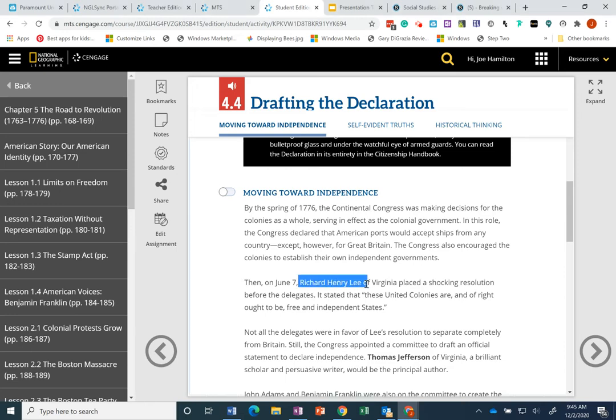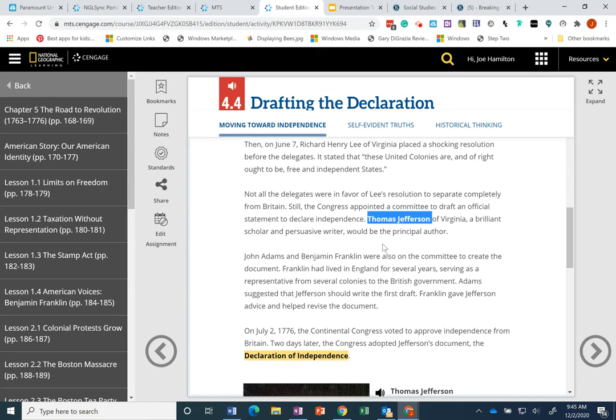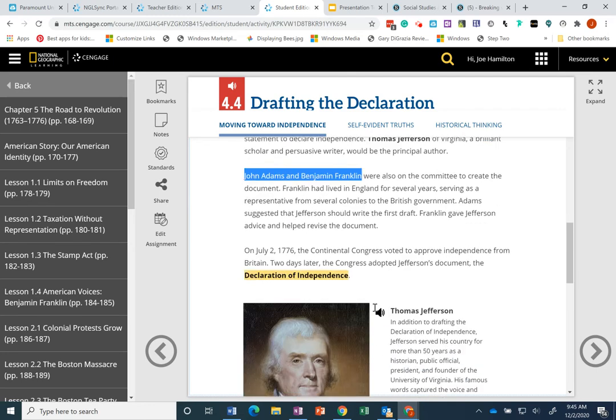You saw him in some of the questions and in the reading check. What part did he play in drafting the Declaration of Independence? Thomas Jefferson is the one who wrote it, so I should see that included on your thinking map. What role did John Adams and Benjamin Franklin play in helping to write the Declaration of Independence?